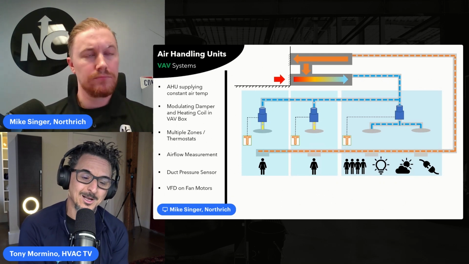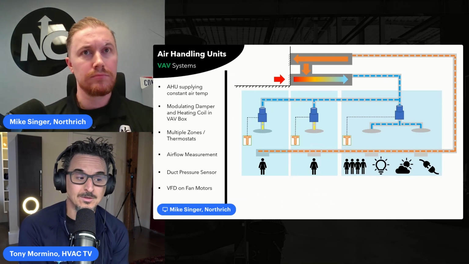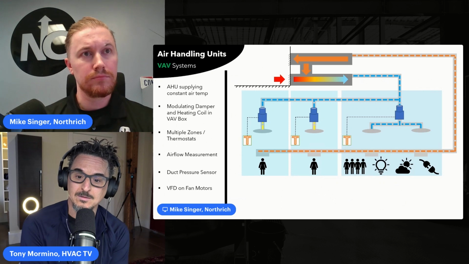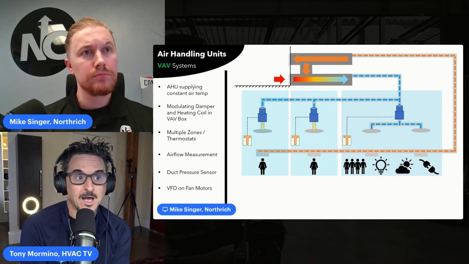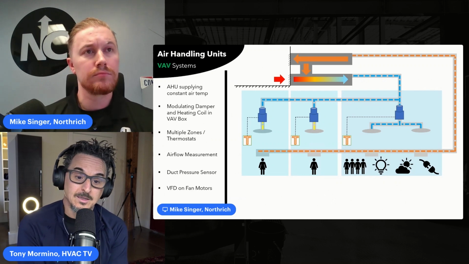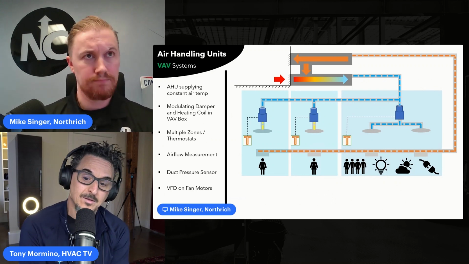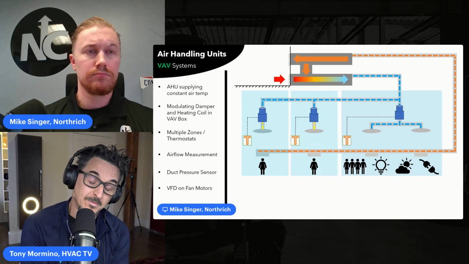But in a constant volume system, like a chilled water fan coil, classic, or a 10-ton or 5-ton unit serving a space, constant volume blower coil, the only option, if it's getting too cold, is to elevate the temperature. And is that a problem? In most cases, probably not.